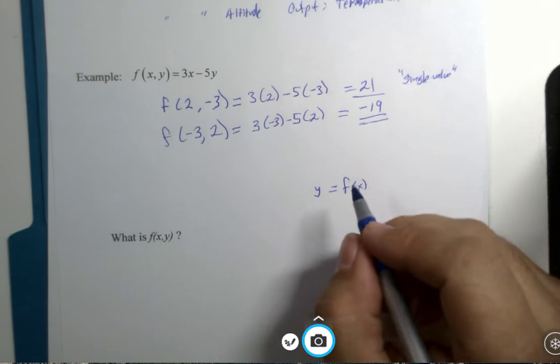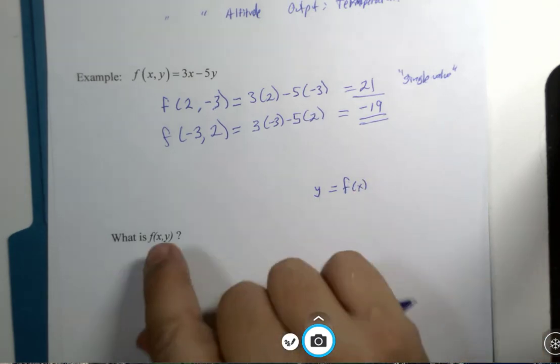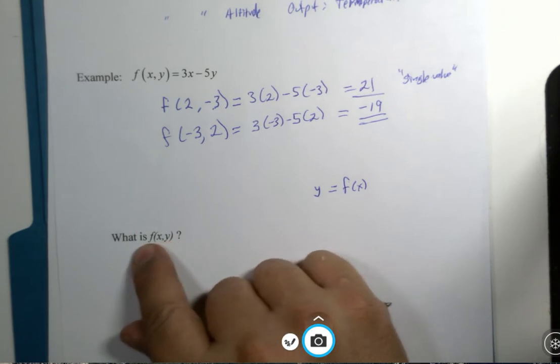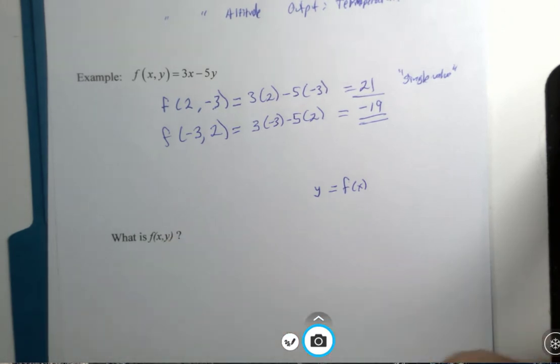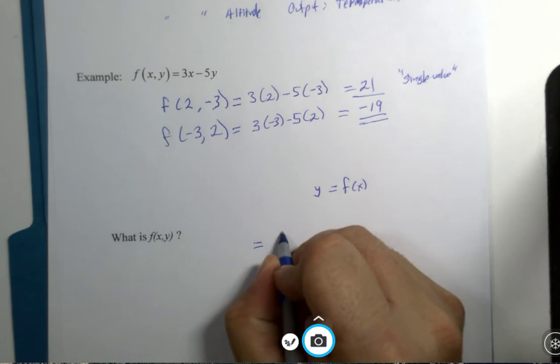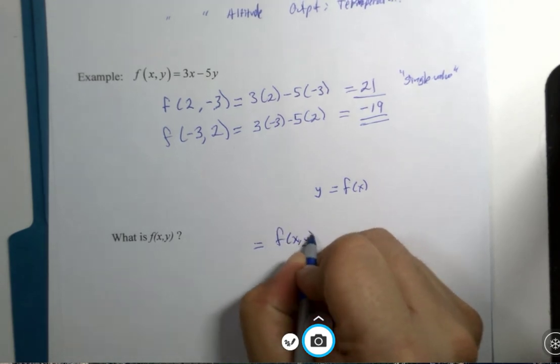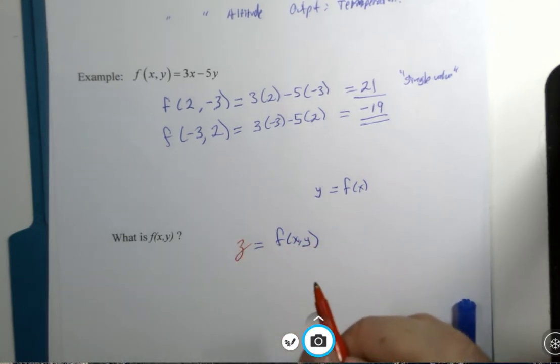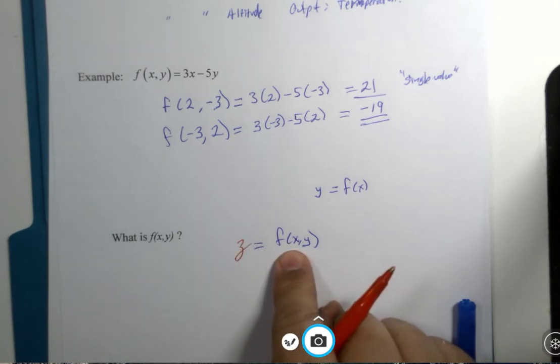The output was a y value. So what do you think we should call the output for f of x and y combined? What do you think we should call that output? Well, it turns out that they call it z if you don't call it by the function notation.